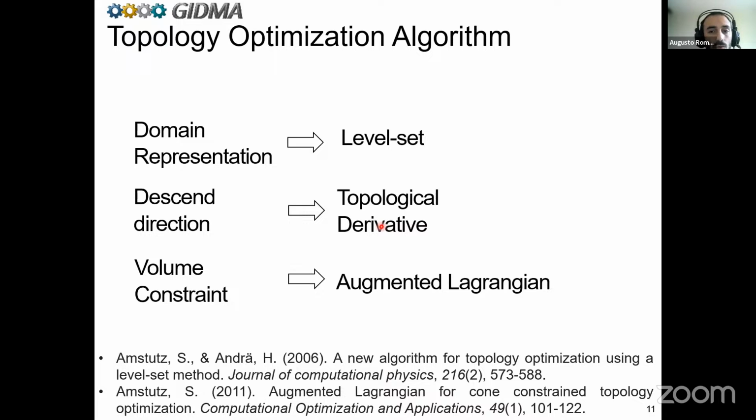So very briefly, to numerically solve the optimization problem, we employ level sets as a domain representation method. To evolve these level set functions, I will employ the topological derivative, and to consider the volume constraints, I will employ the augmented Lagrangian algorithm.